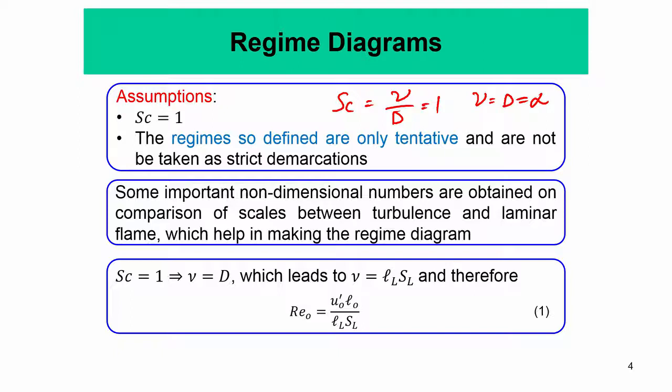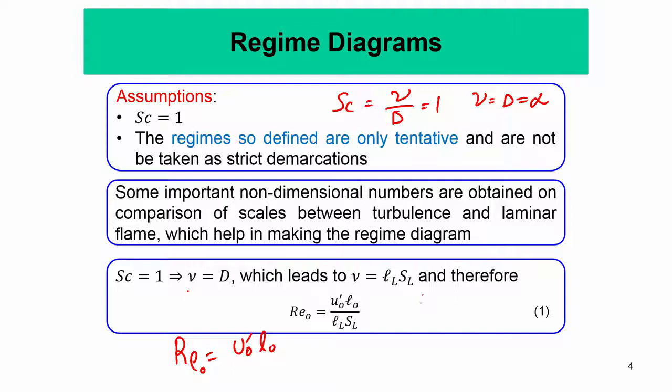Since nu is equal to D, our Reynolds number is defined in terms of u0 prime, which is the u RMS, the root mean square of the fluctuating component of velocity. That is used in our definition for Reynolds number. L0 is my integral length scale.